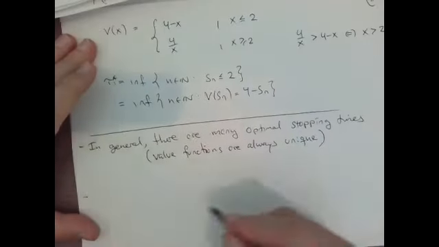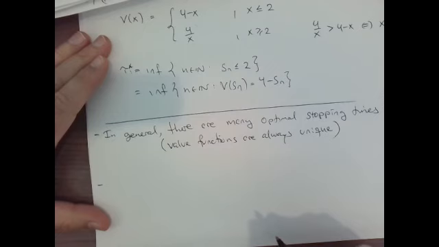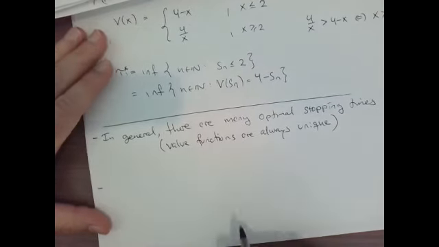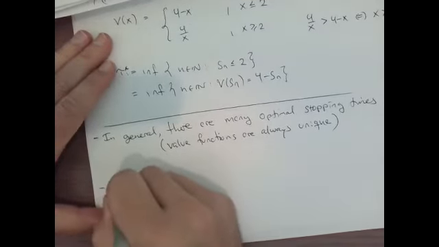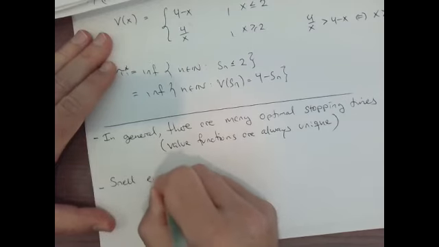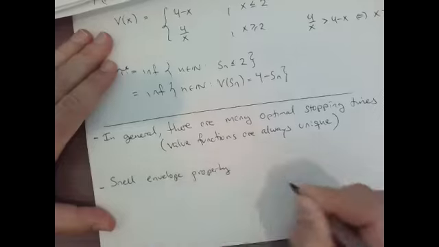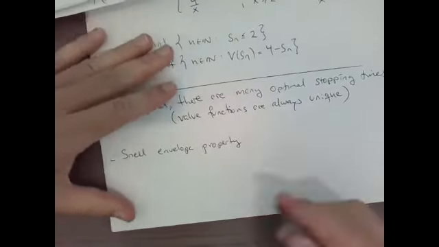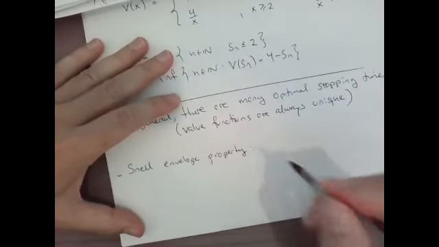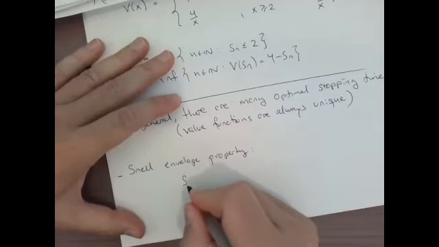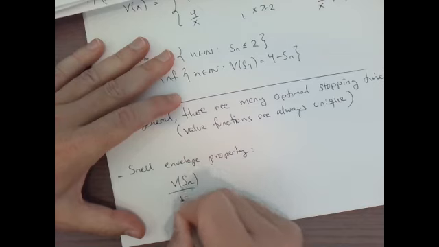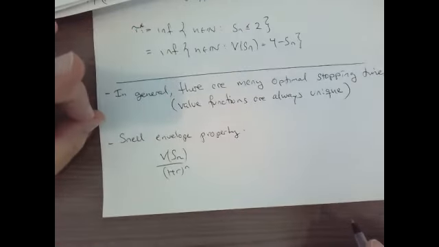Another way to describe these optimal stopping times is through the Snell envelope. What you do is you write V of Sn divided by 1 plus R to the n. This was a super martingale, right?